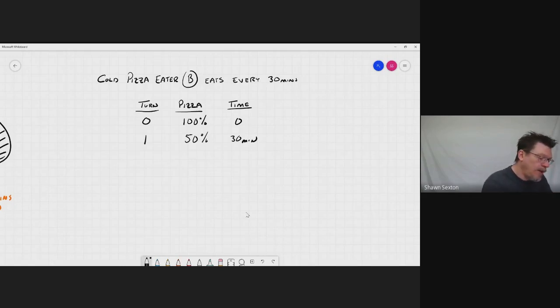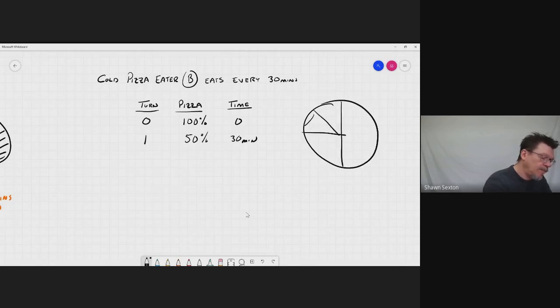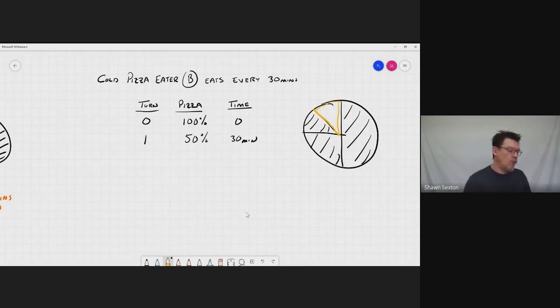When we go and find his pizza, there is going to be 12.5% of the pizza left in the box. So the only thing left in the pizza box is going to be this slice right here. All right, so that's 12.5%. That's all that's left. So the question is, how long ago did Pizza Eater B get his pizza?